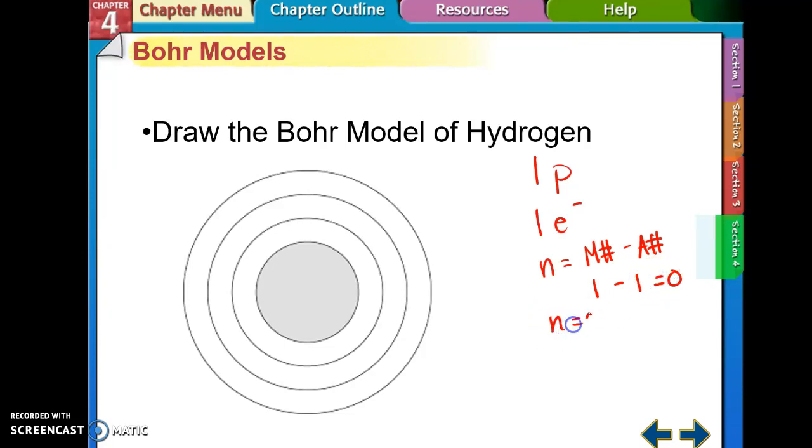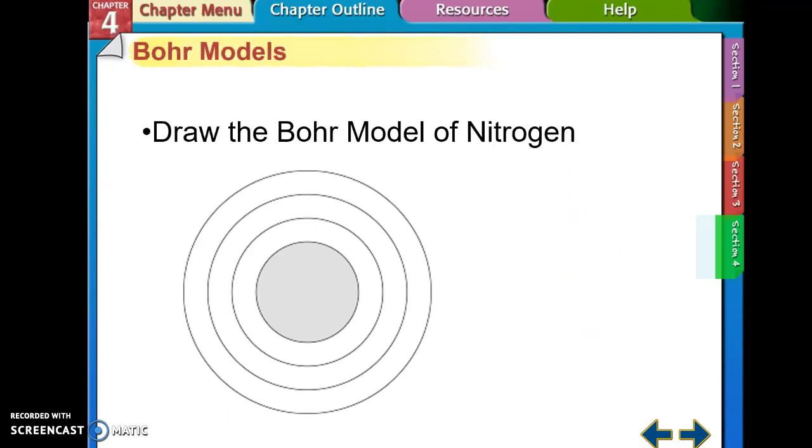So there are 0 neutrons. In my nucleus, which is the gray part, I'm going to write that I have 1 proton and no neutrons. And then I've got 1 electron. That first energy level, that first ring, can hold, excuse me, 2 electrons, but I've only got 1. So I'm going to draw my 1 electron right there.